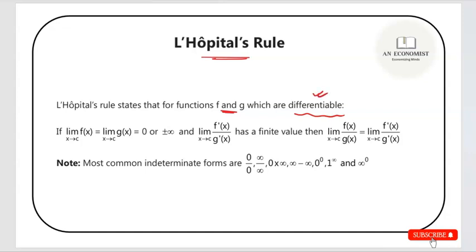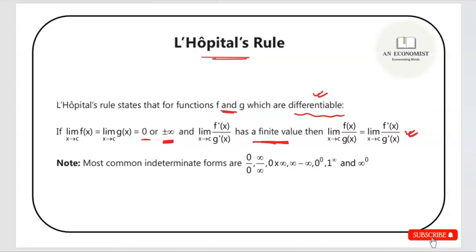Then what happens is that if limit x tends to c f(x) is equal to limit x tends to c g(x) is either 0 or it is infinite, either plus infinity or minus infinity, and the limit of f'(x) over g'(x) has a finite value, if you take the differentiation of each of these functions and take the limit, and this gives you a finite value, then you can replace this limiting value with the value of what you get after the differentiation.